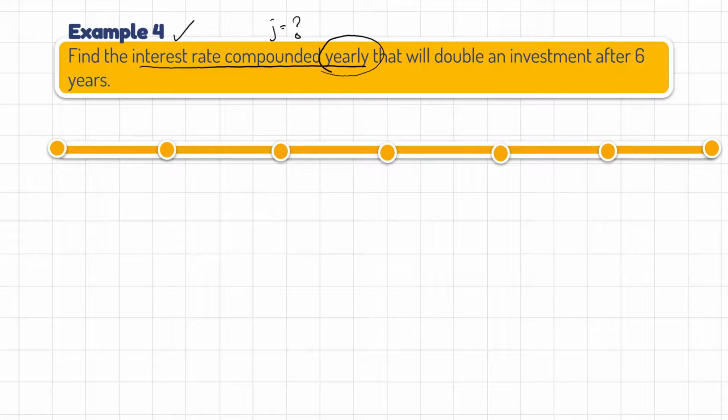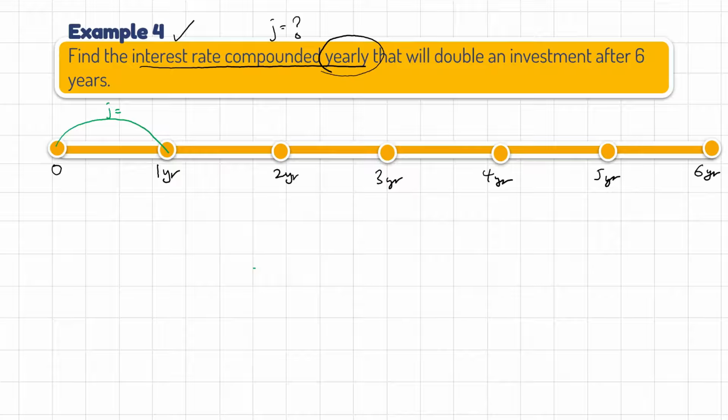So this will be our timeline where we have 0, 1, 2, 3 year, 4 year, 5 year, and the last one is 6 year. Since the question states that investment after 6 years. So on the timeline, we are going to have this loop, the green loop, which represents our J, which is 1 year.